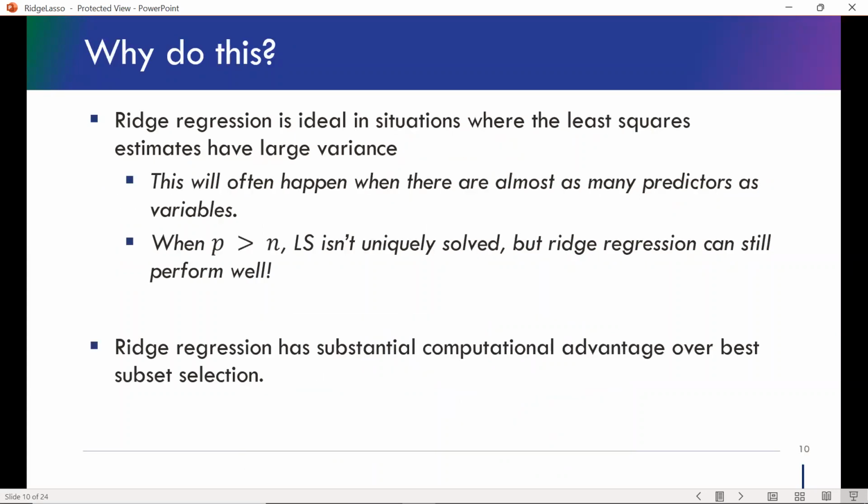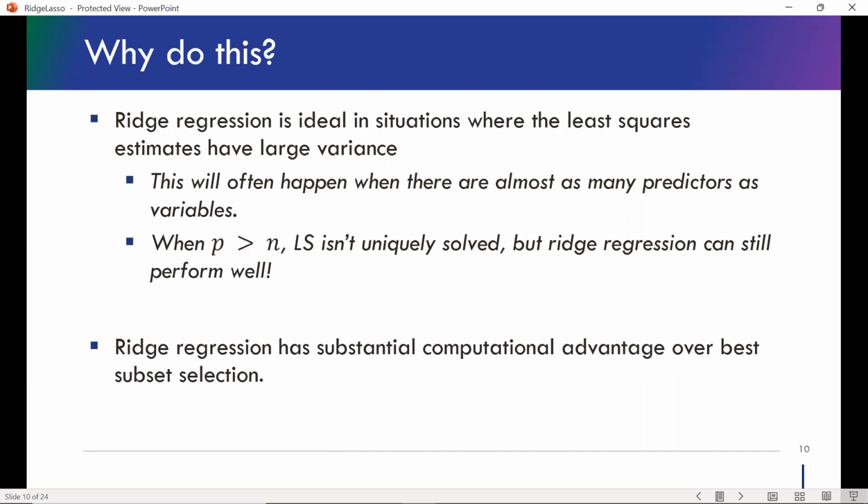So again, why do we do ridge regression? When is the best situation to use it? Ridge regression is ideal when the least squares estimates have large variance, and this will often happen when we have too many predictors.